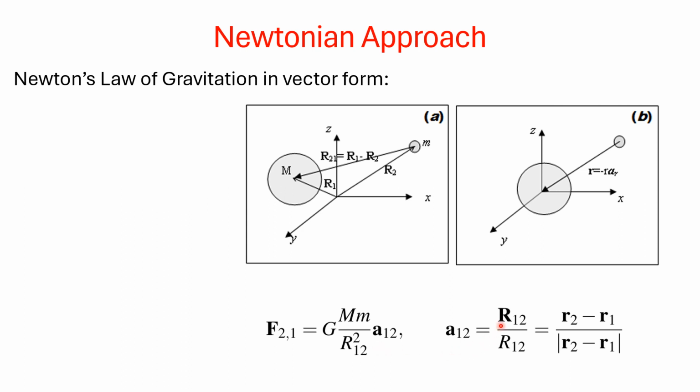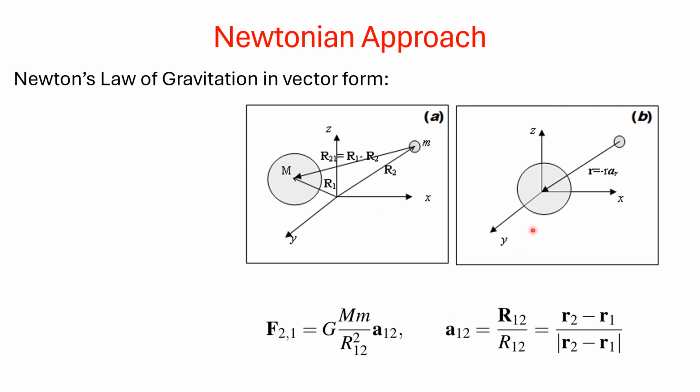R12 cap will be R12 bar upon magnitude R12, and R12 is R2 bar minus R1 bar. Here you can visualize R2 bar minus R1 bar. It will be along this direction.